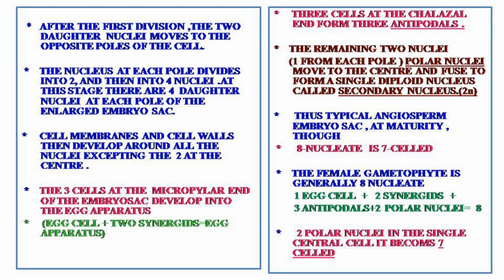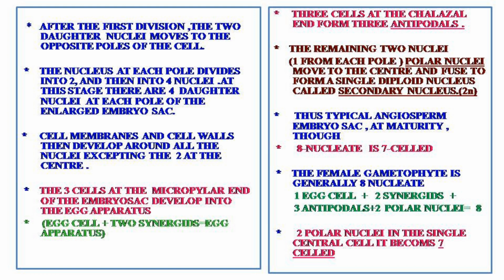Okay. Here we can once again summarize the number of cells or number of nuclei arranged in the embryo sac. The female gametophyte is generally 8 nucleate, containing 1 egg cell, 2 synergids at the micropylar end, 3 antipodal cells at the chalazal end, and 2 polar nuclei or secondary nucleus at the center.